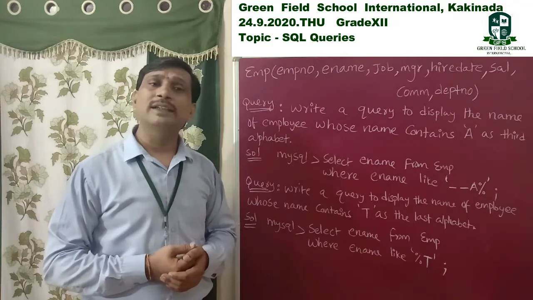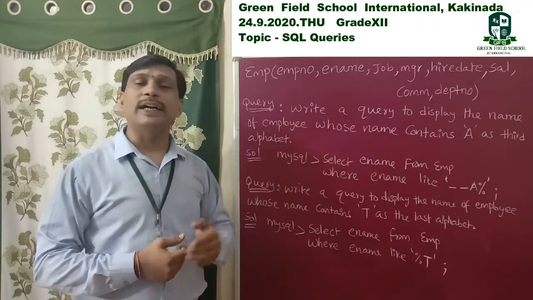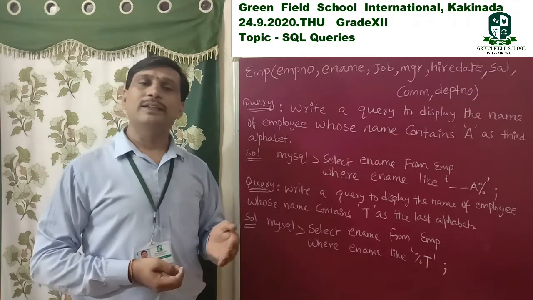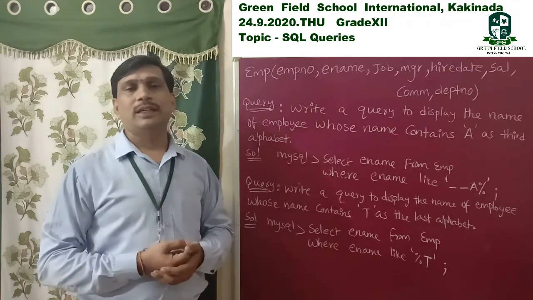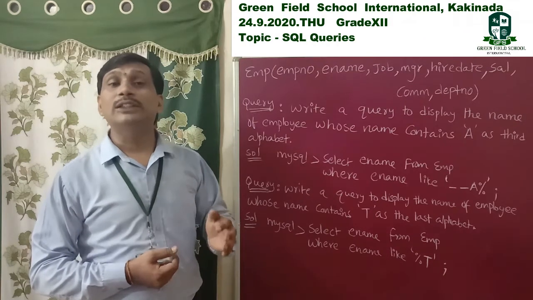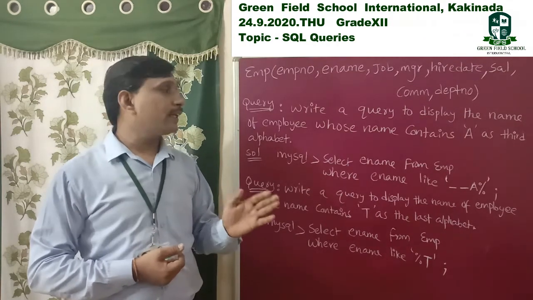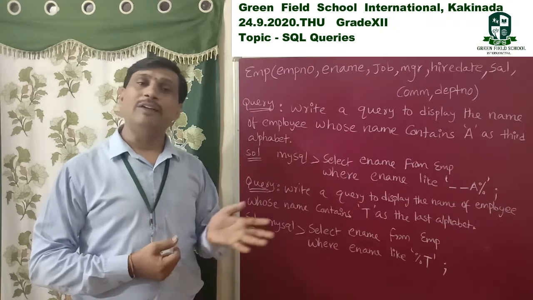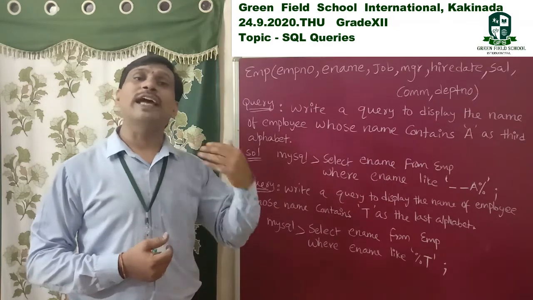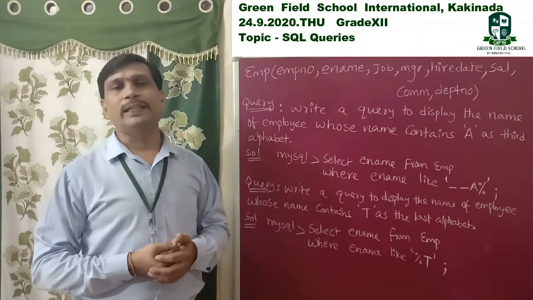Why? Because they specify only the third character. But after the third character, some characters may or may not be there. So the third character must be capital A. After that, how many characters they do not specify. N number of characters we replace.